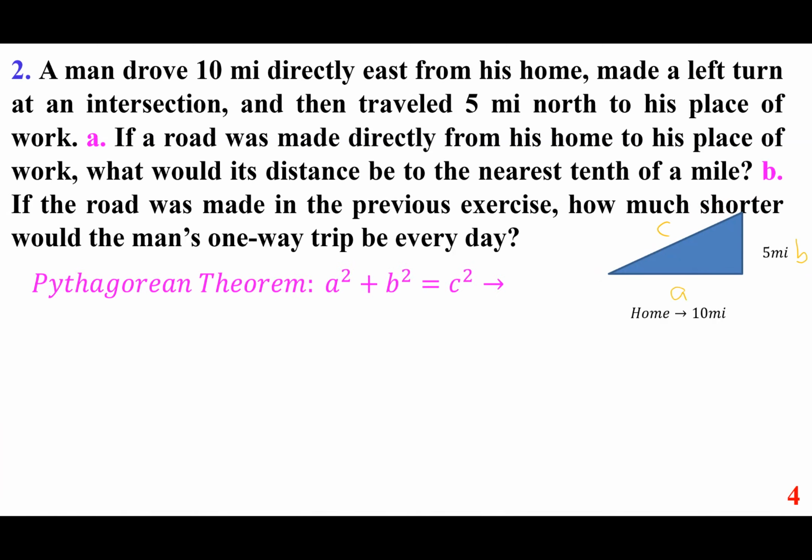So we use the Pythagorean theorem. A squared plus B squared equals C squared. So we plug in. A is 10, B is 5, C is missing.